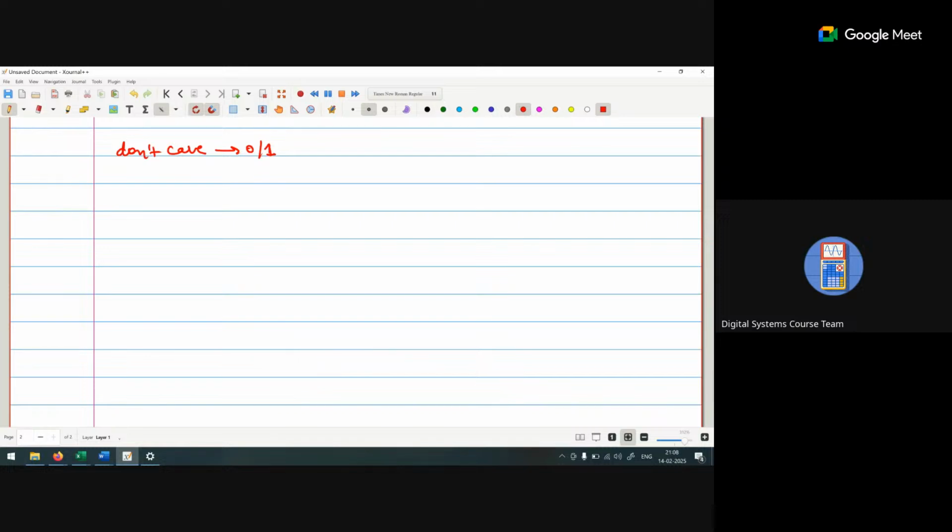So in the K-map, we consider the don't care condition as 1 if it is used to make a group or increase the group size, and as 0 if it is not used to make a group.